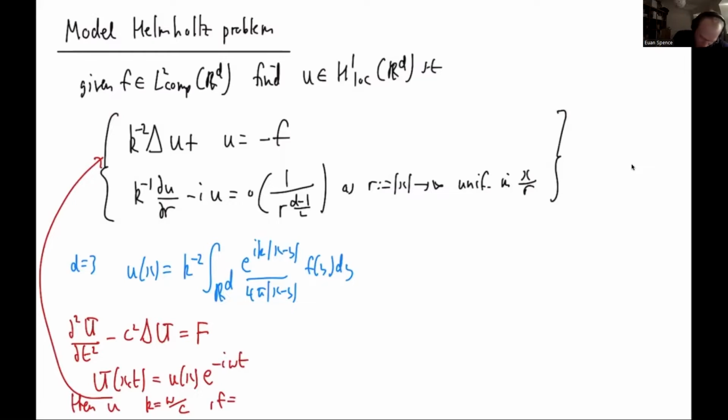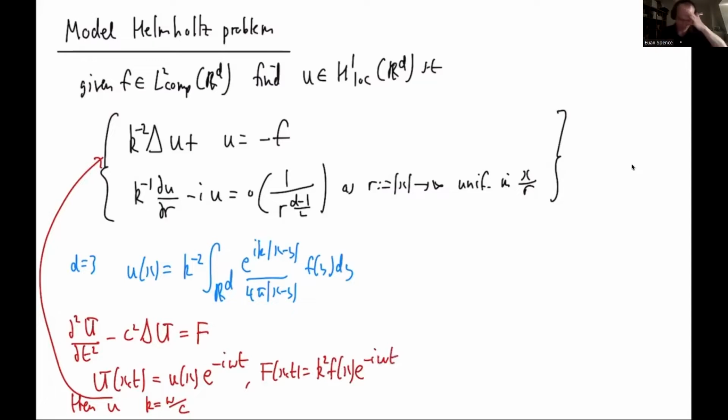I have to assume a similar time harmonic dependence of my source, capital F. So let me rewrite it: capital F of x and t is going to be k squared f of x e to the minus i omega t.